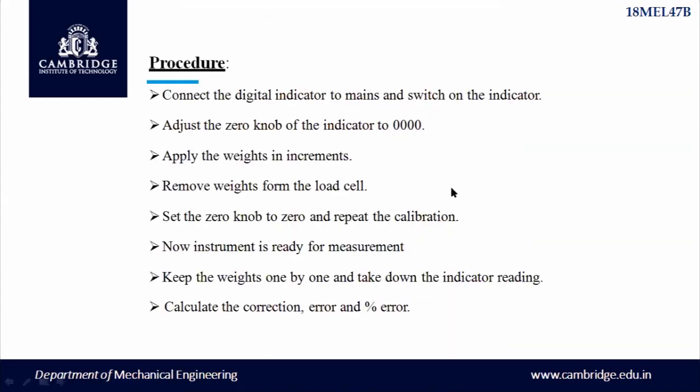Then you need to apply the weight in increments: 0.5, 1, 1.5, 2, 2.5 kg, like that you need to place on the pan one above the other. With respect to that, the indicated reading from the digital indicator needs to be recorded.